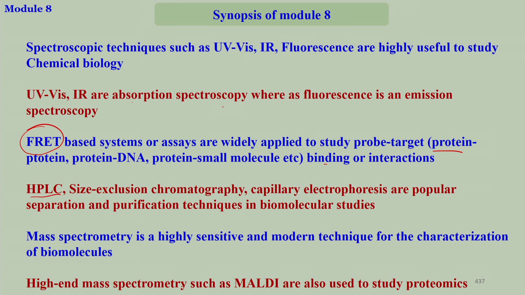High-end mass spectrometry such as MALDI is also used to study proteomics, which means to study the sequence of proteins and also the chemistry of the proteins. Nowadays, there is a field called genomics, which is also studied a lot using the mass spec techniques.